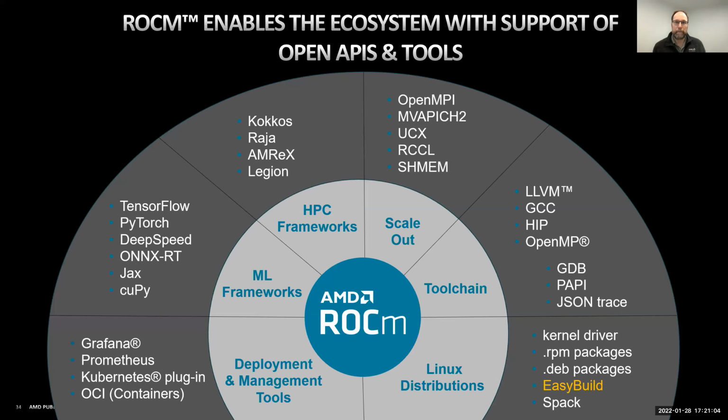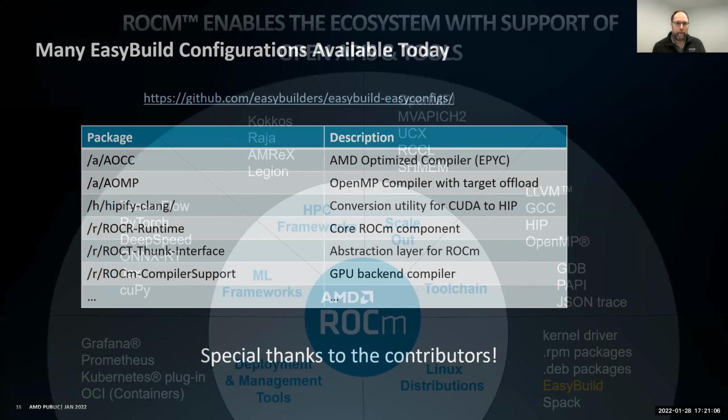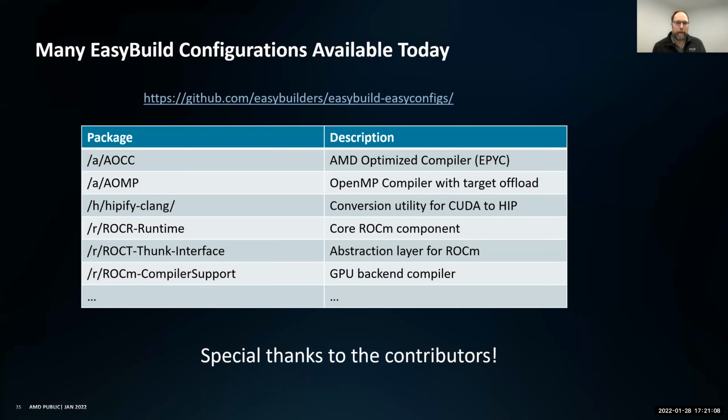It's in the next slide. So today there's quite a few packages. I went through and grabbed a few to highlight. And I want to just make a special thanks to the contributors that have been looking at this. We have an AMD HPC user forum. This was started by the San Diego Supercomputer Center and a bunch of other customers.